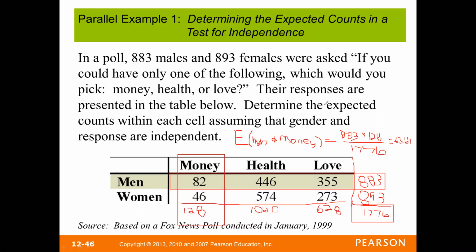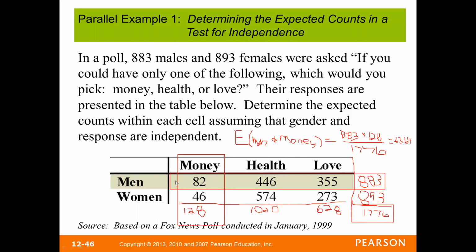And in the expected category, it is okay to have a fraction of a person. So we took the row total times the column total divided by the overall total, and that gave me the value that went in the cell where the row and the column overlapped.